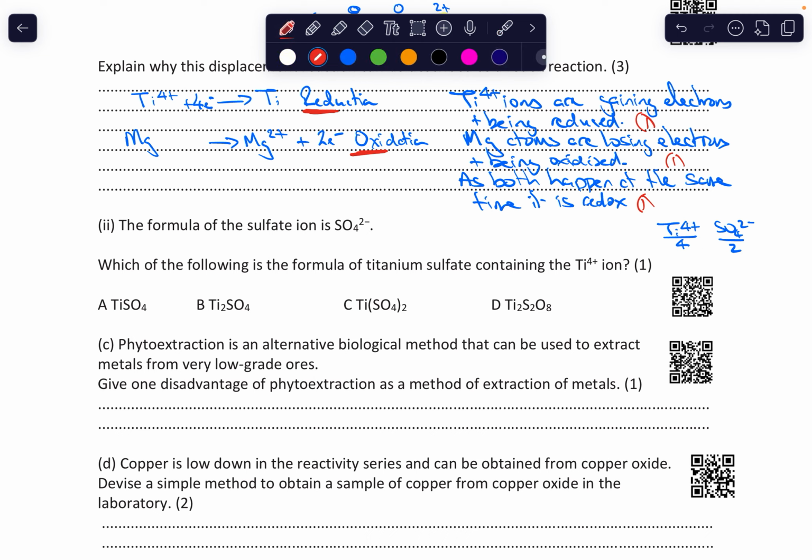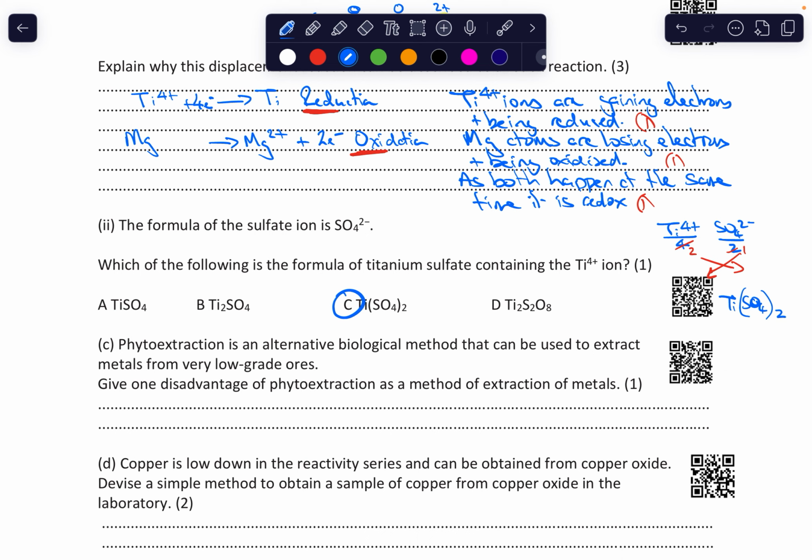And we can. That can become 2 and that can become 1. And we then cross them over. So this would mean titanium gets a number 1. We don't need to write that down. But the sulfate, SO4, gets a number 2. So we've got to put it into brackets and hopefully that matches, and it does. One of the answers here is option C.